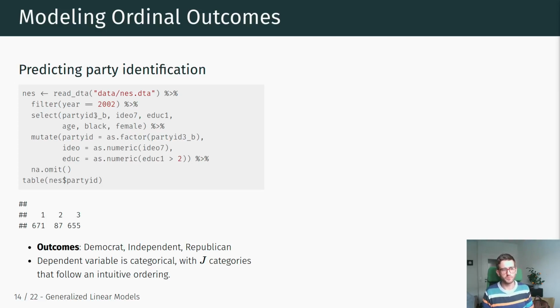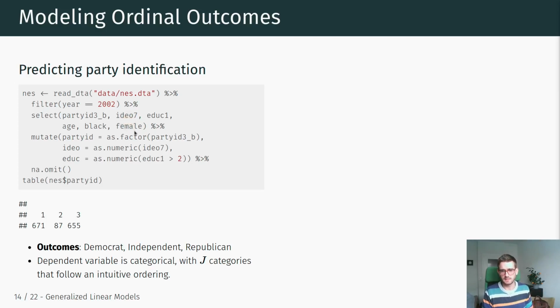And so now we're going to try to predict whether respondents belong to each of those categories, either identifying as Democrats or Independents or Republicans, based on a couple of characteristics. We have ideology, we have education, we have age, race, and gender. Okay, and so this is the basic setup that we're going to use.